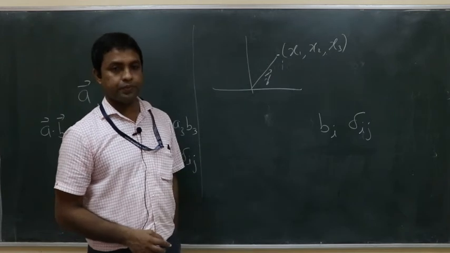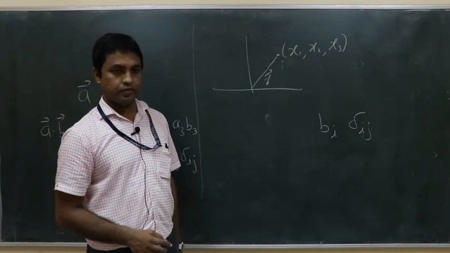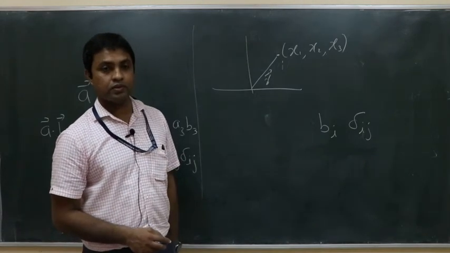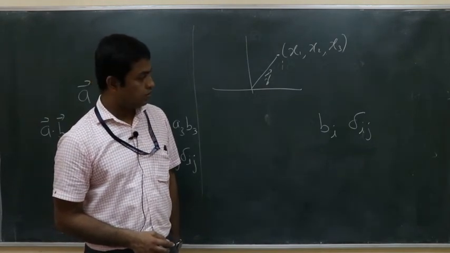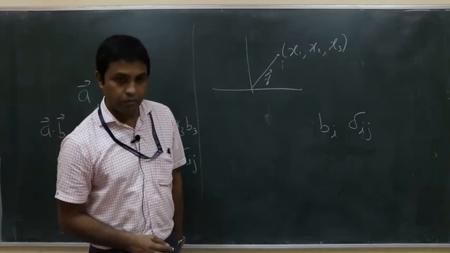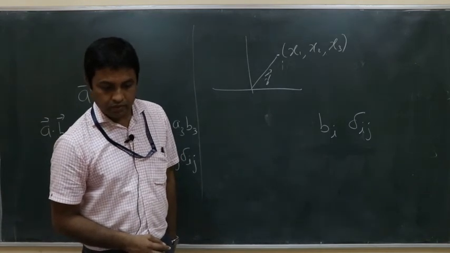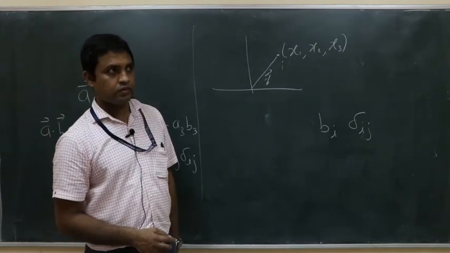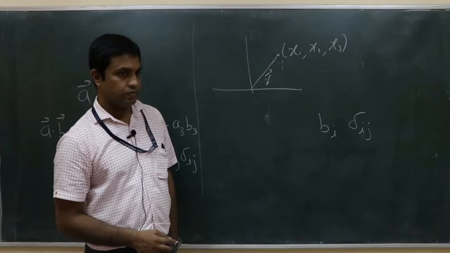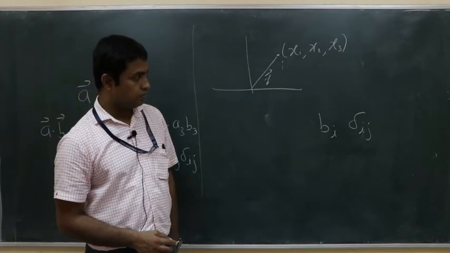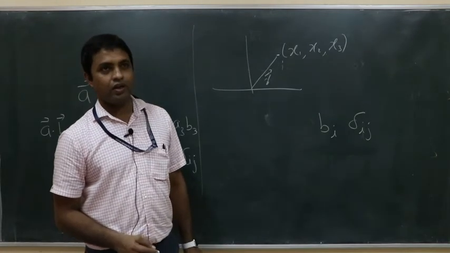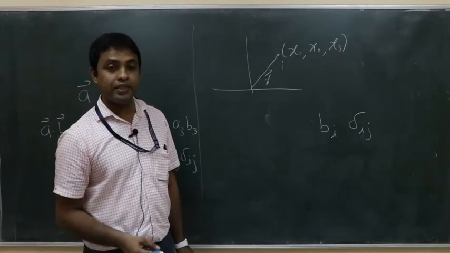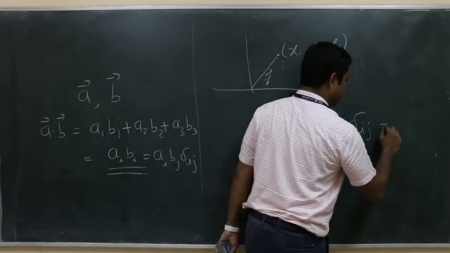What is this equal to? There are 3 terms: B I delta I1, then B I delta I2, and then B I delta I3. Somebody said BJ. The answer is correct. This is actually equal to BJ.